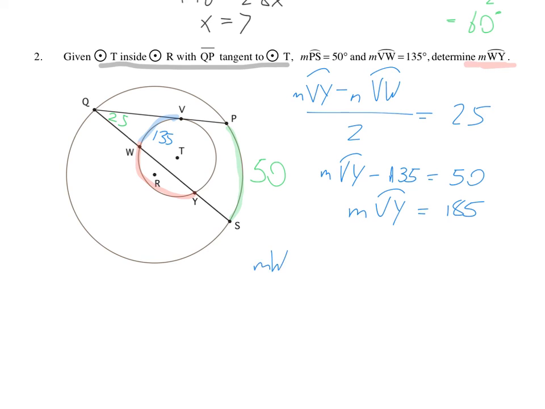So the measure of YW is going to be equal to 360 minus the 185 minus the 135. So a little quick calculation there so I don't mess that up. That's going to put the measure of WY to be 40 degrees. And there we go.